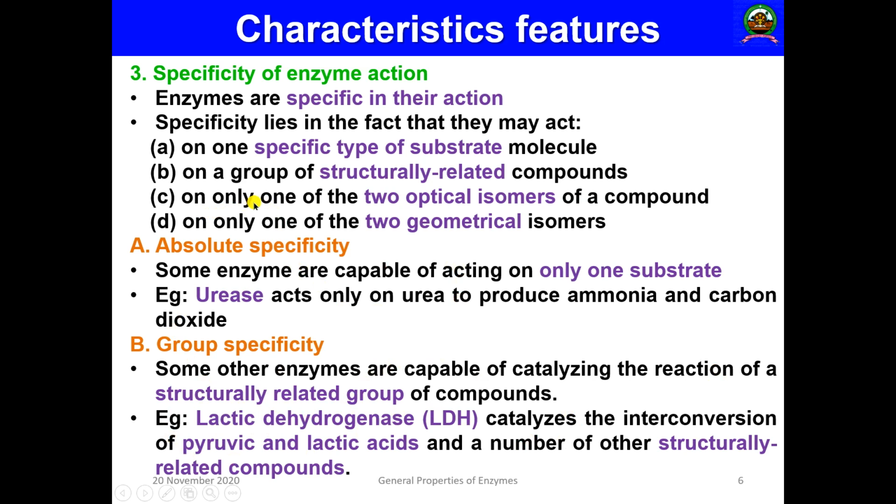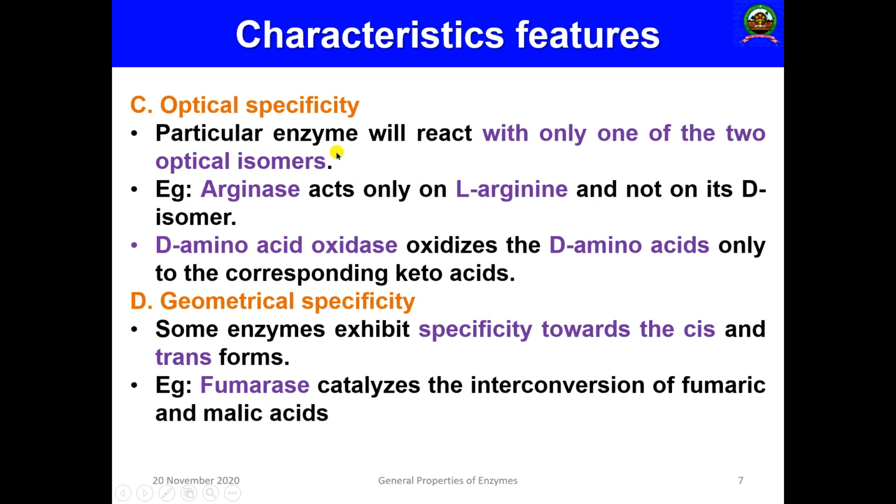The next one is that enzymes act on only one of the two optical isomers. The optical specificity is very, very important. Particular enzymes will react with only one of the two optical isomers. I told you about optical isomers and their activity with plane polarized light. 50% of the molecules will rotate as the L variety and 50% as the D variety.